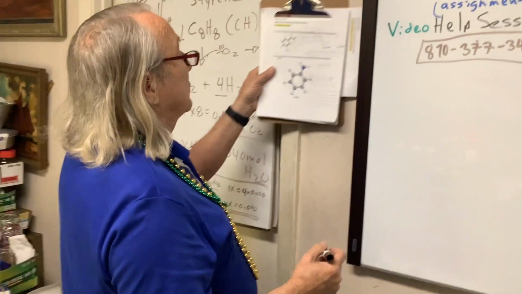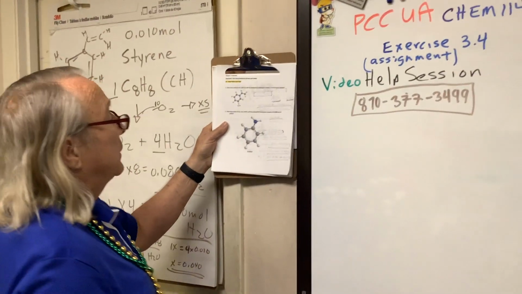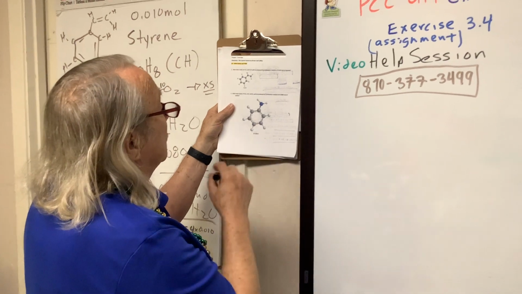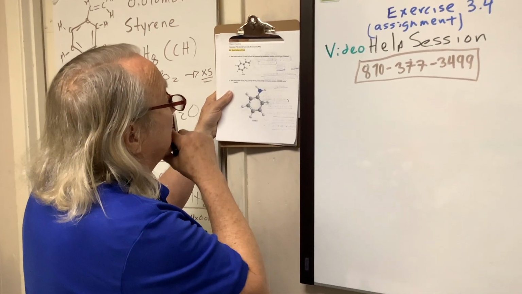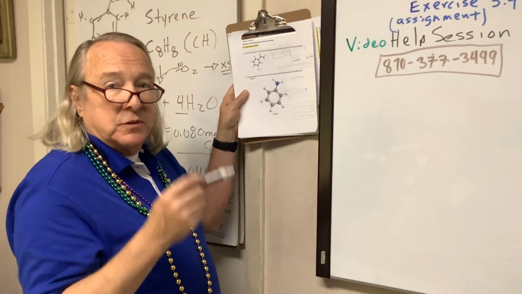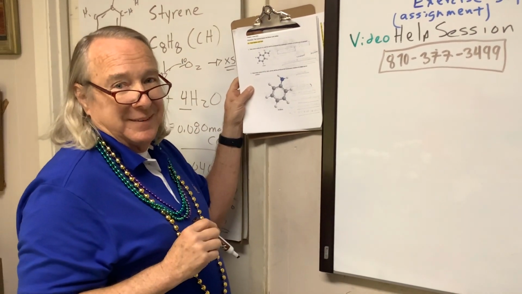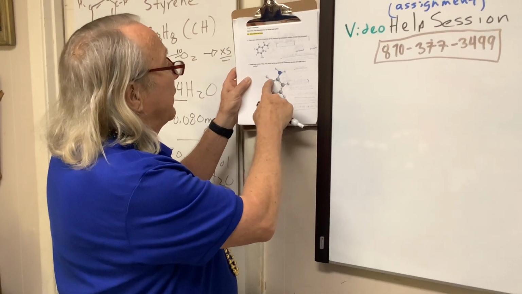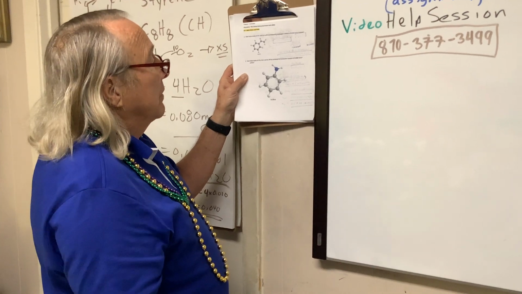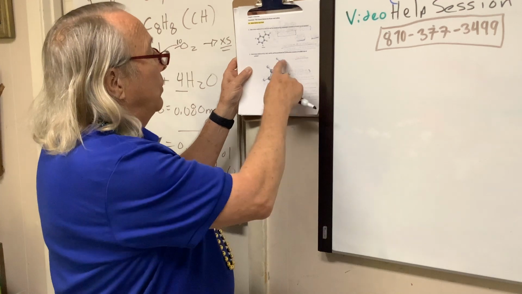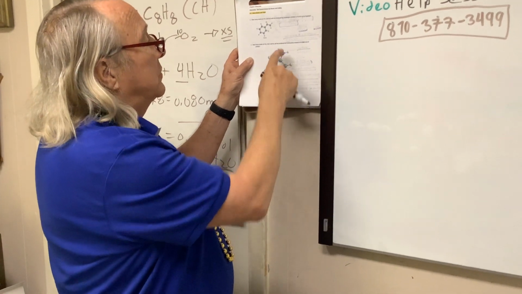The next one asks, if I do a combustion analysis for aniline. Now this is a ring structure compound, and it's not giving you the formula, it's giving you the structure. So you have 2 choices. You can count 1, 2, 3, 4, 5, 6 carbons, 1 nitrogen, the blue one, and 1, 2, 3, 4, 5, 6, 7 hydrogen.